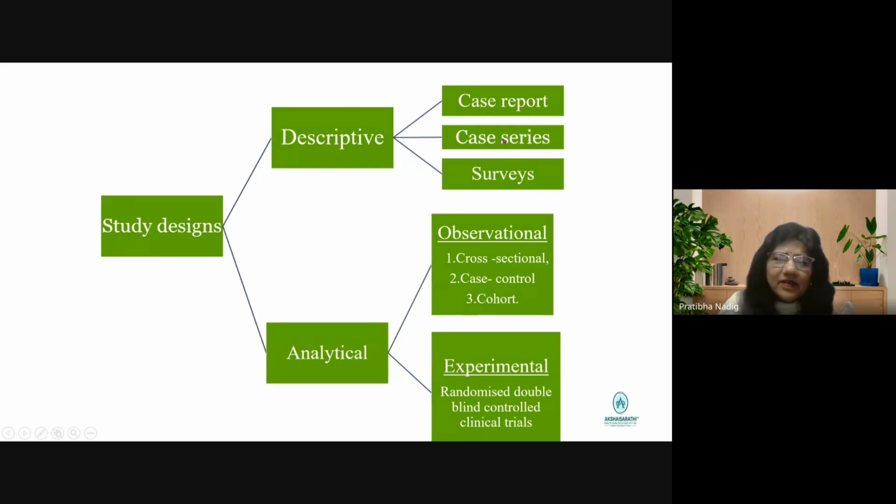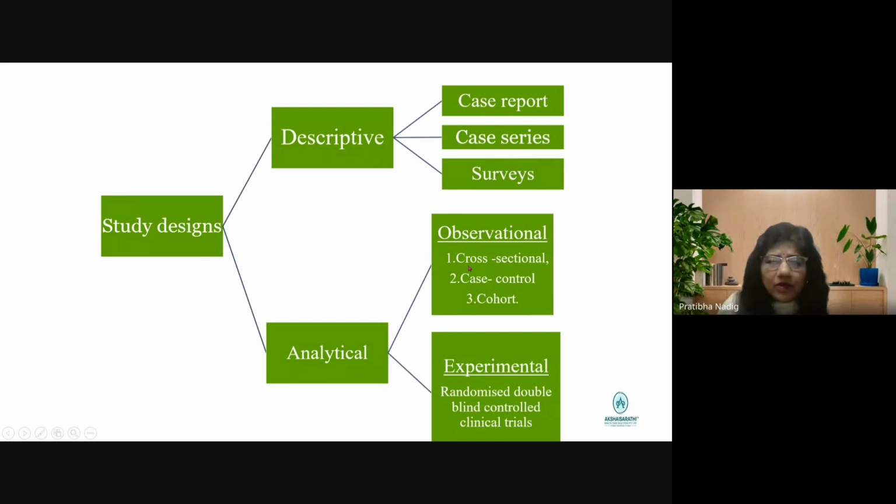A case series is a study where multiple cases of similar presentation are studied and then we try to interpret, maybe 6 or 10 or whatever. And surveys: somebody had given a survey of KAP studies, or an observational study on knowledge, attitude, practice among medical students, or large community-based surveys to understand the patients. Somebody had mentioned tuberculosis, I think.